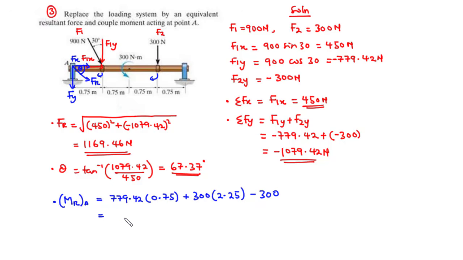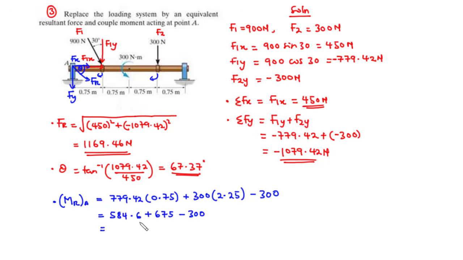Now let's simplify this. So 779.42 times 0.75 gives 584.6 plus 300 times 2.25, that gives 675, and then minus 300.